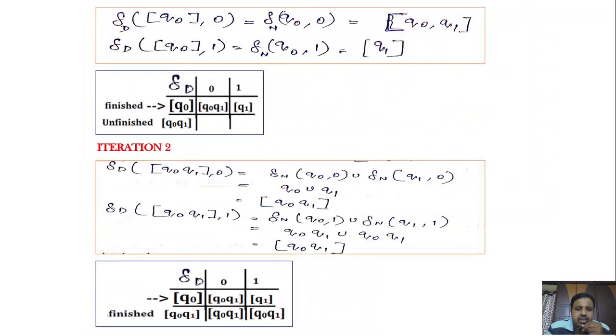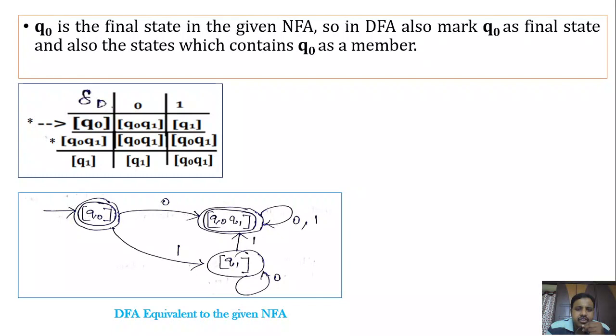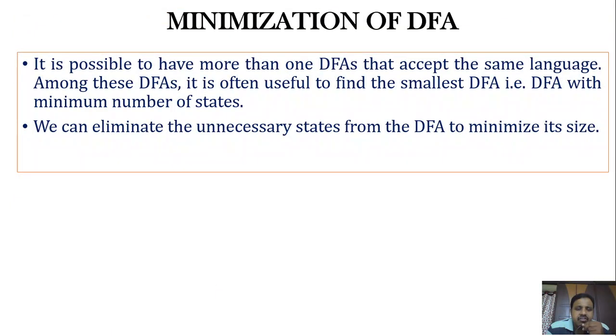Whenever we convert an NFA into a DFA, the number of states in the DFA will increase, right? We have seen that if the NFA has n states, and we convert it into an equivalent DFA, it may have 2 power n states. At most 2 power n states are possible in the equivalent DFA.